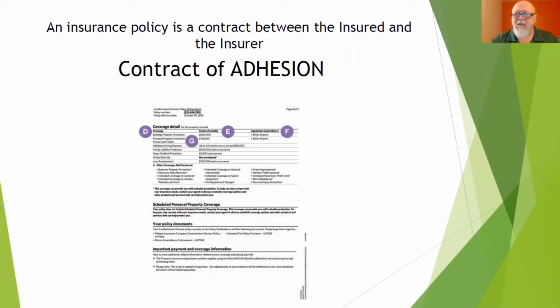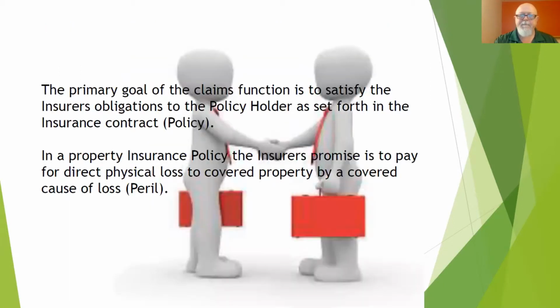Any ambiguity in a contract of adhesion is favored to the insured, not to the insurer. So if there's a question as to what the insurance company is stating in the policy, that question is typically put in favor of the client, not the insurance company.